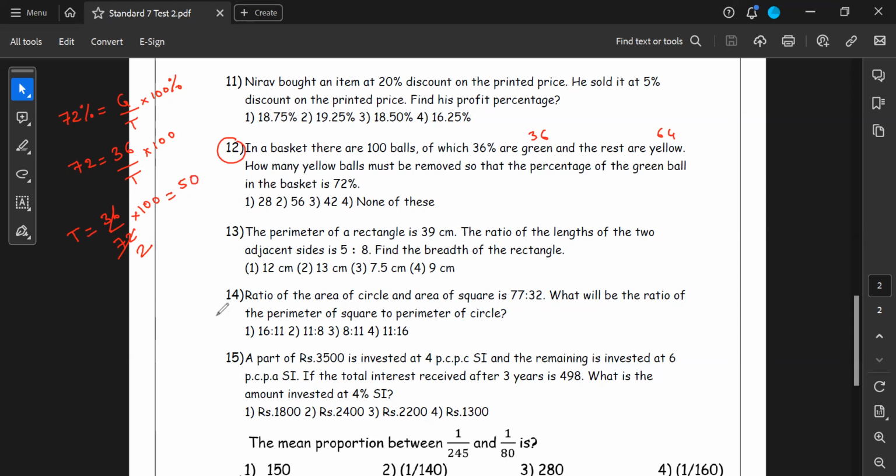So the total should be 50. Now, answering the original question, initially they had 100 balls in total. In order to satisfy this percentage scenario, you need to have only 50 balls in total. So how many balls should be removed? 50. In this case, option none of these, because the answer is 50.